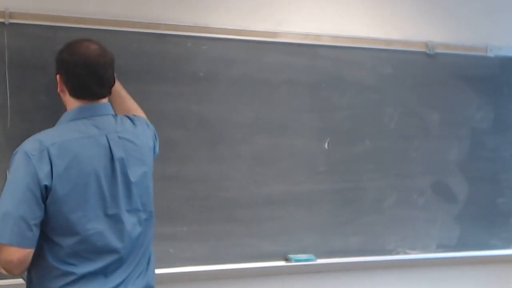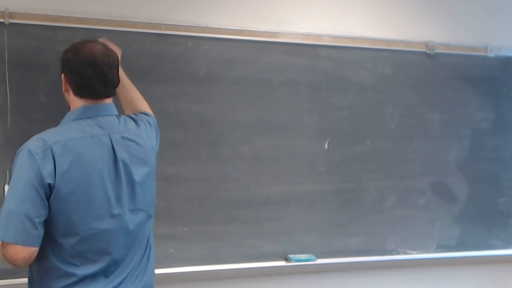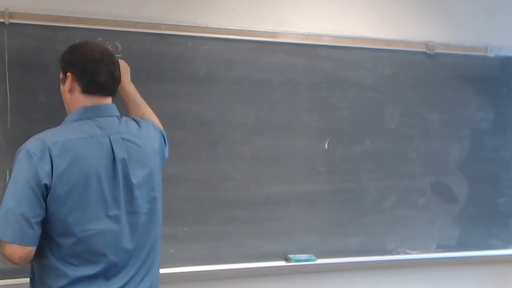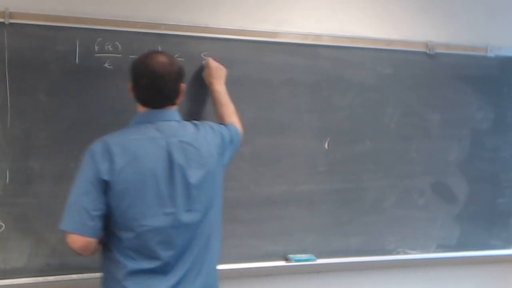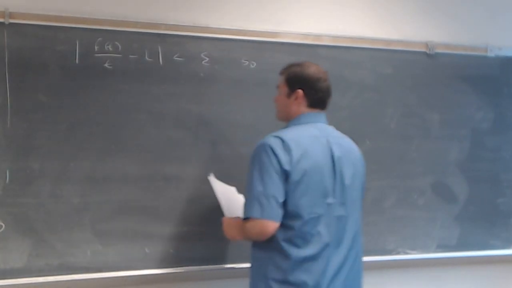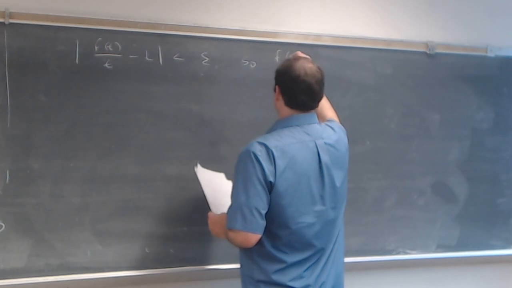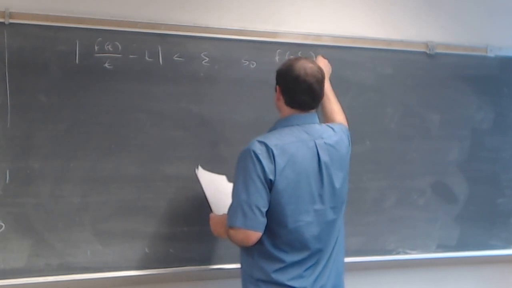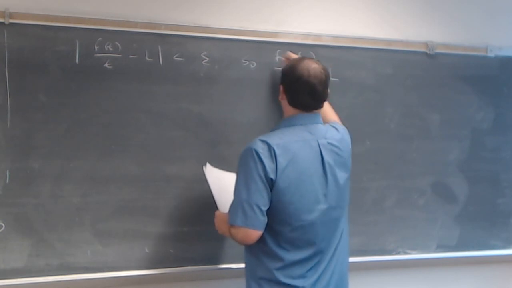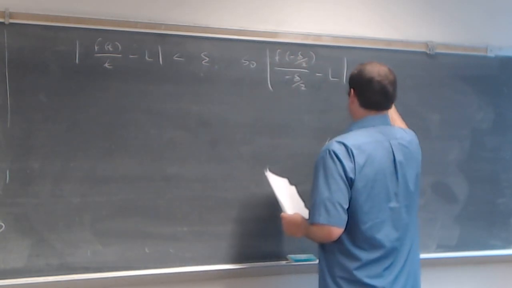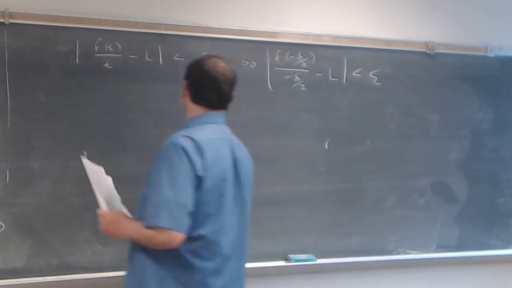Well, we have that the absolute value of f of t over t minus L will be less than epsilon. So that means that f of minus delta over 2 over minus delta over 2 minus L will be less than epsilon.